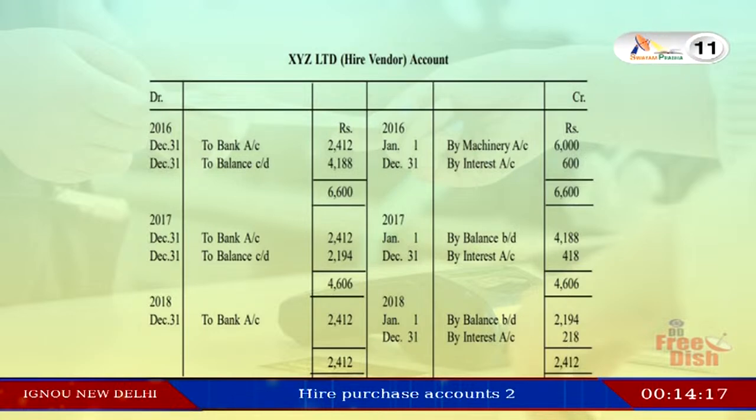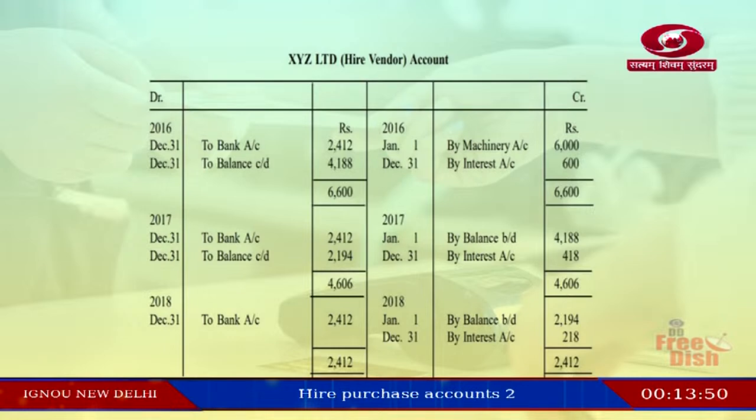Here again at the end of the second year we will make the payment of the second installment, 2412. So at the end of the second year, this is the balance of 2194. So total is 4606. Again, at the beginning of the third year, we will bring down this balance 2194, and by interest at the end of the third year 218.